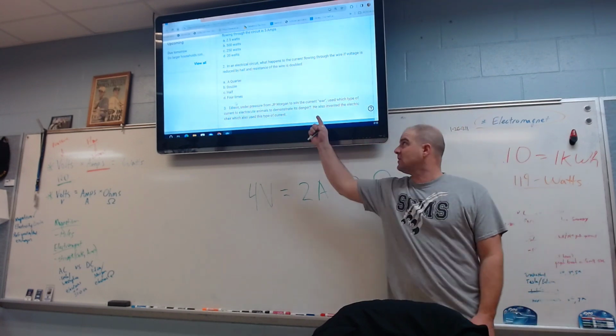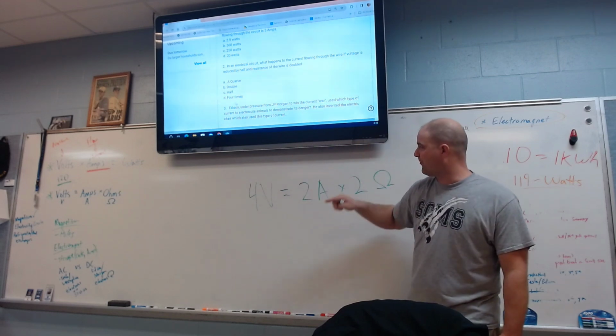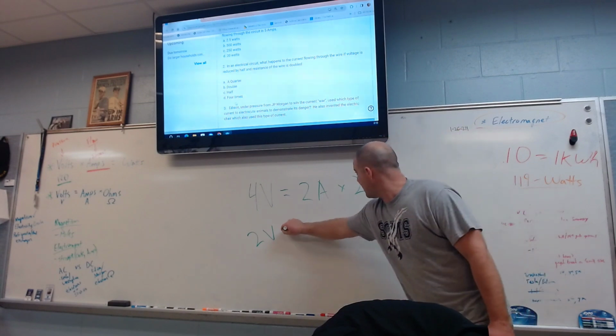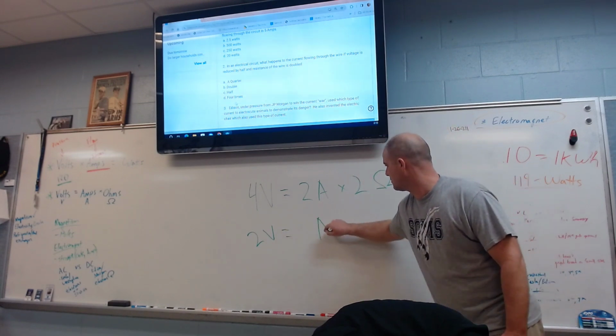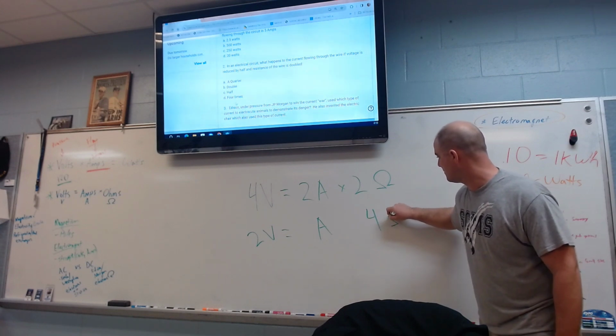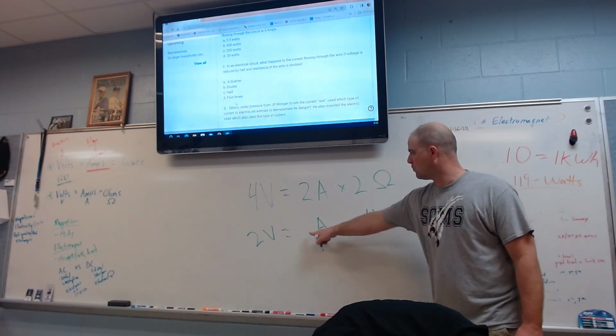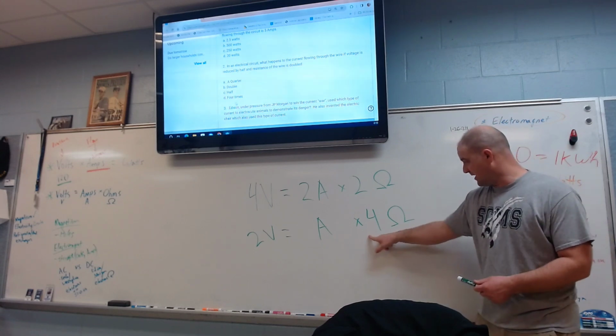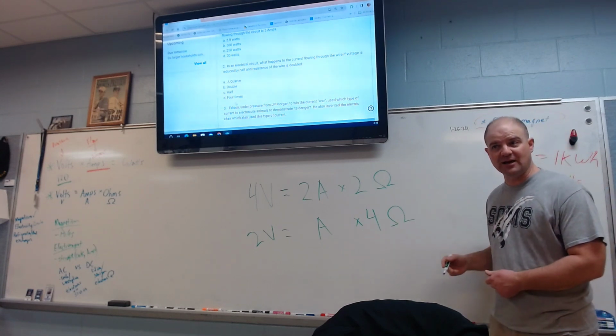Okay, now let's run the scenario. If volts are cut in half and ohms are doubled, we're solving for amps. What happens to the current? So now we, again, divide to isolate the variable, yes?